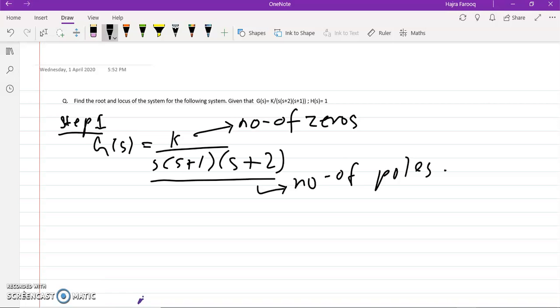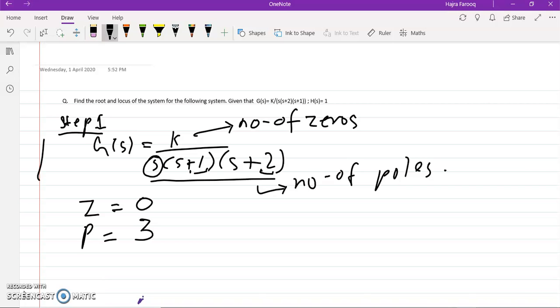We have no zeros over here, so the number of zeros is equal to 0, while the poles: this is the first pole, s minus 0, then the second, s plus 1, and s plus 2. So we have 3 poles.